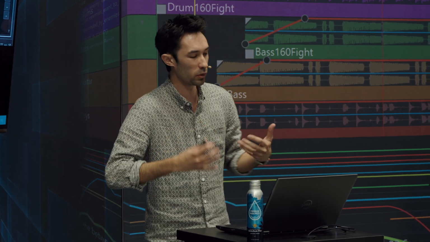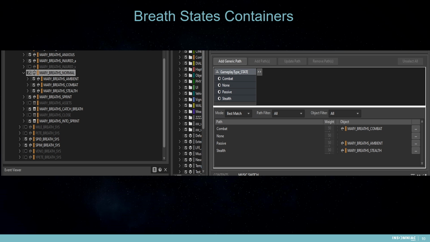With anxious, we were able to attach it to a dialogue line in a certain part of the game where we want our character to be anxious now. As soon as they say this line, turn on anxious state, and then their anxious breathing will activate. And then we could wait a little bit, and okay, here's another dialogue line where we want to stop triggering her anxious breathing. So later on, we'll say, on this next dialogue event, stop the anxious state.